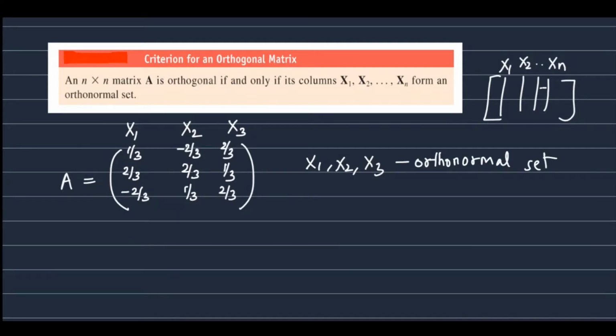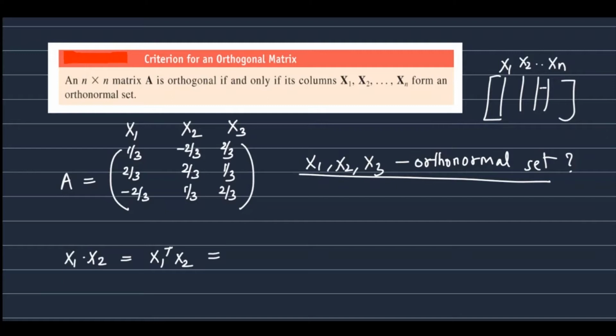This will form an orthonormal set if they are orthogonal to each other and the length of each vector, that is, the norm of x1, x2 and x3, is 1. First we will check whether they form an orthogonal set. For that we have to check the dot product x1 dot x2, which is defined to be x1 transpose x2.